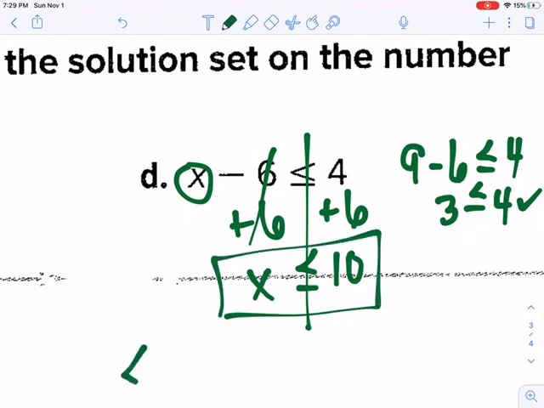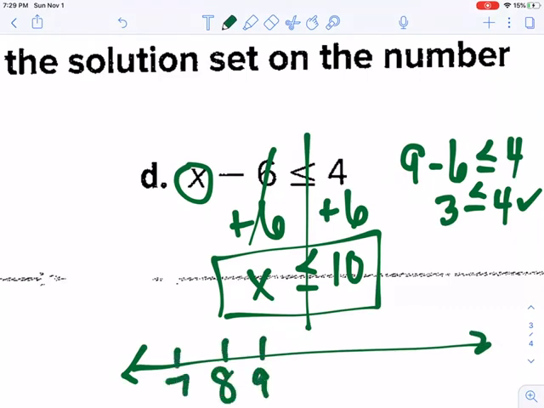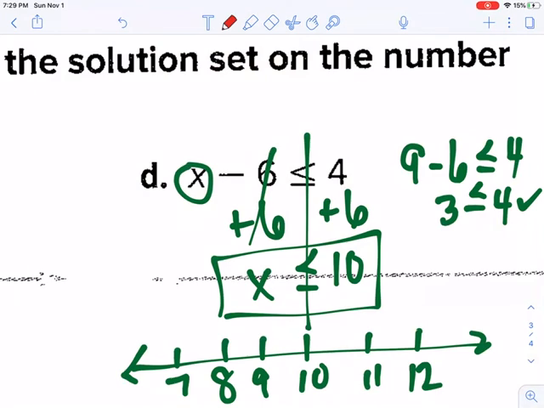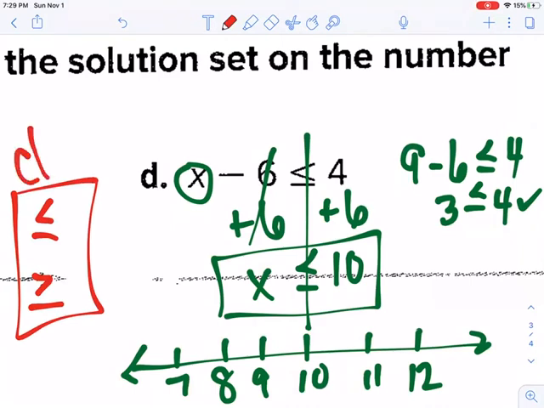So when we graph, okay, I have 10, so I'm going to start at 7. Don't always have to start at 0. Now, this one is a less than or equal to. So if you have a less than or equal to or a greater than or equal to, you're going to use a closed circle because it could be that number.